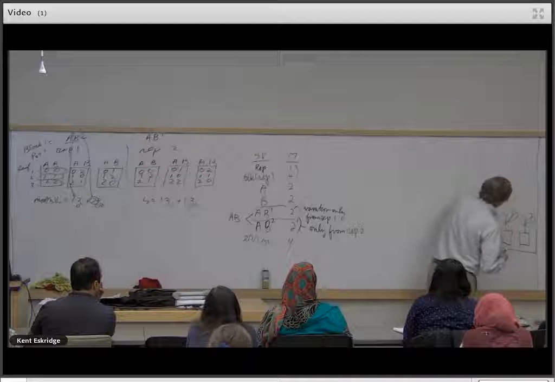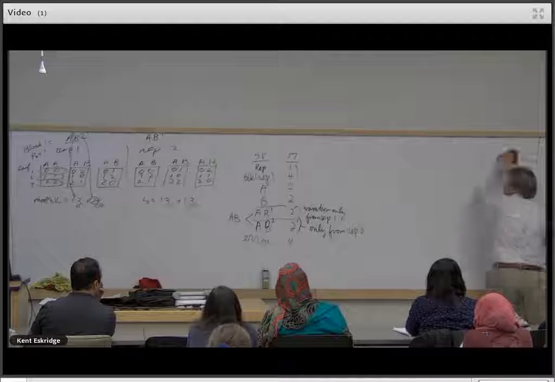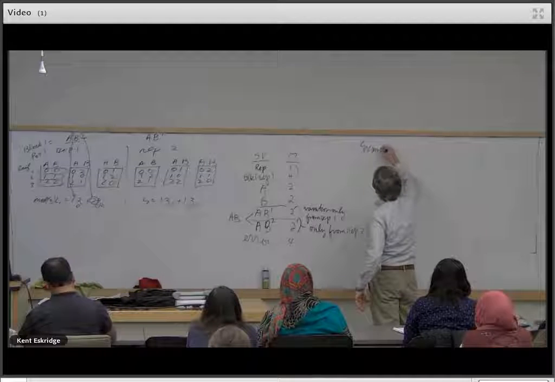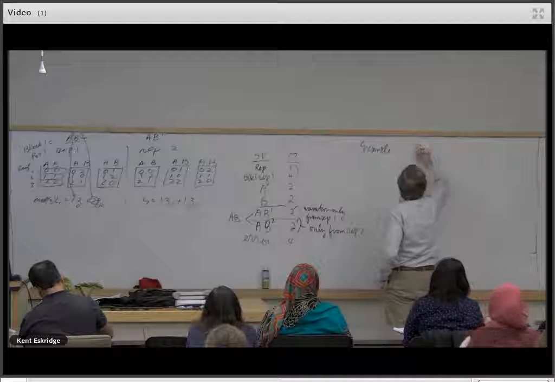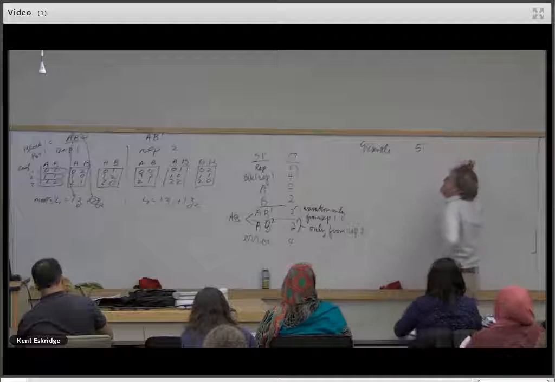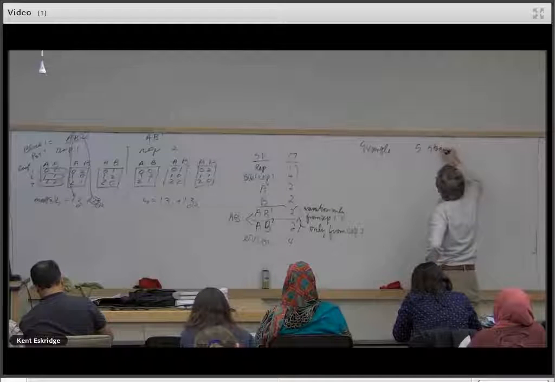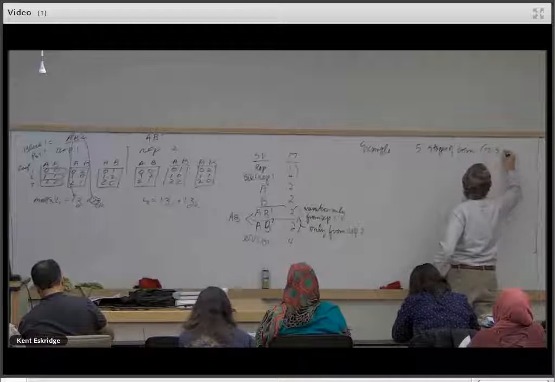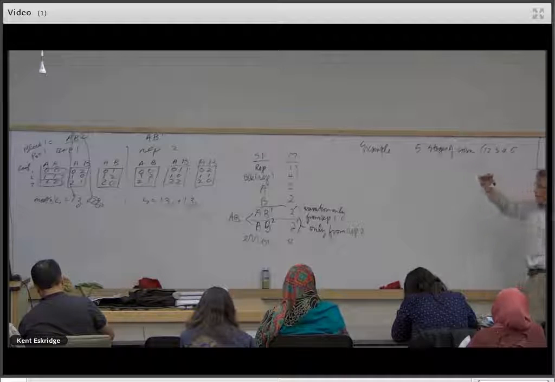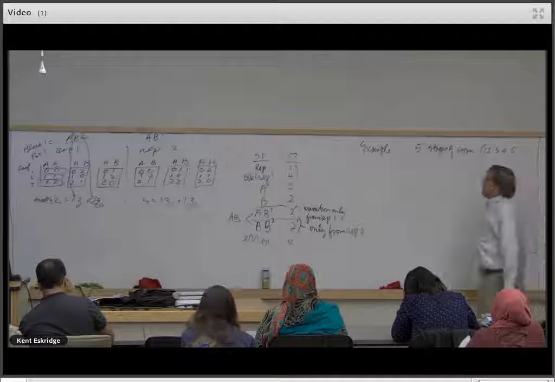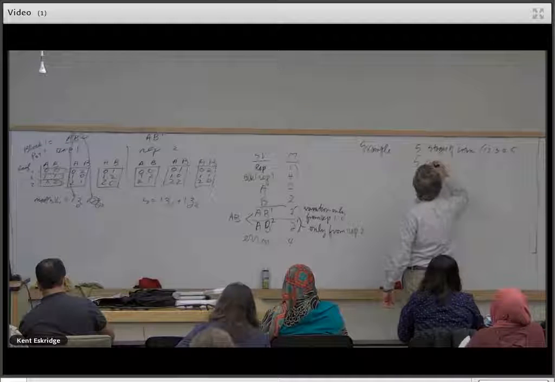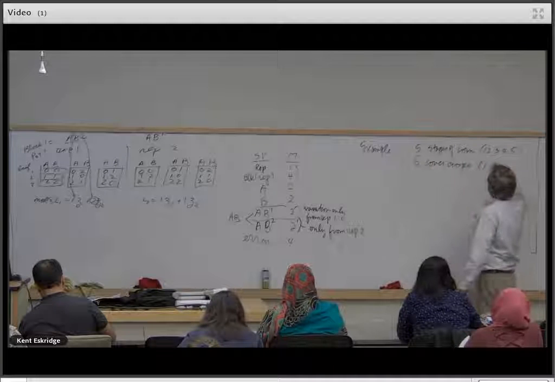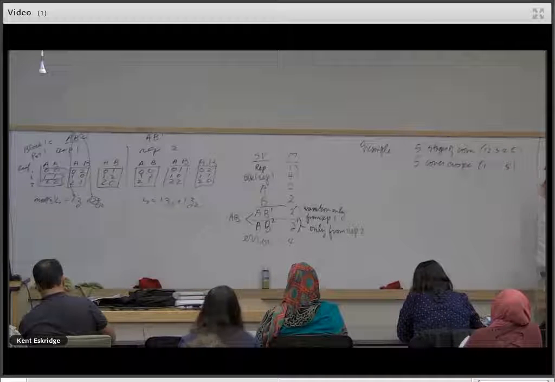Another example: she had 5 stages of corn, so this is 1, 2, 3, 4, 5. Usually the stage of corn might count the number of leaves. And she had 5 cover crops, cover crops 1 to 5. I can't remember what they were.